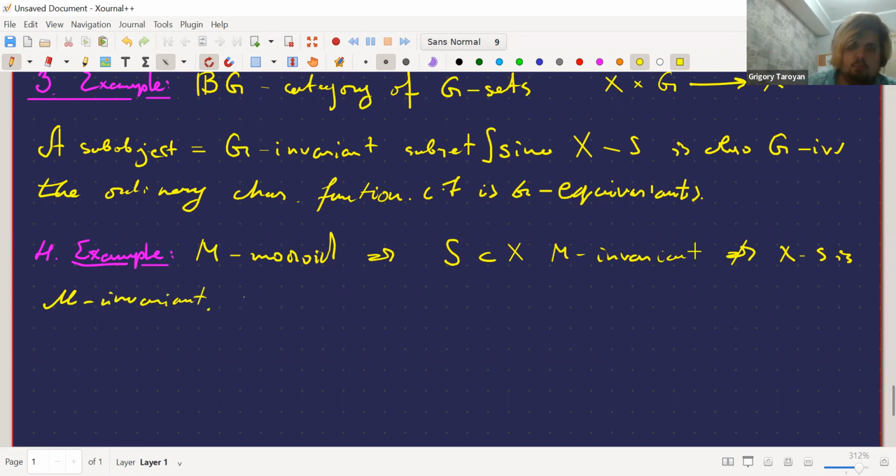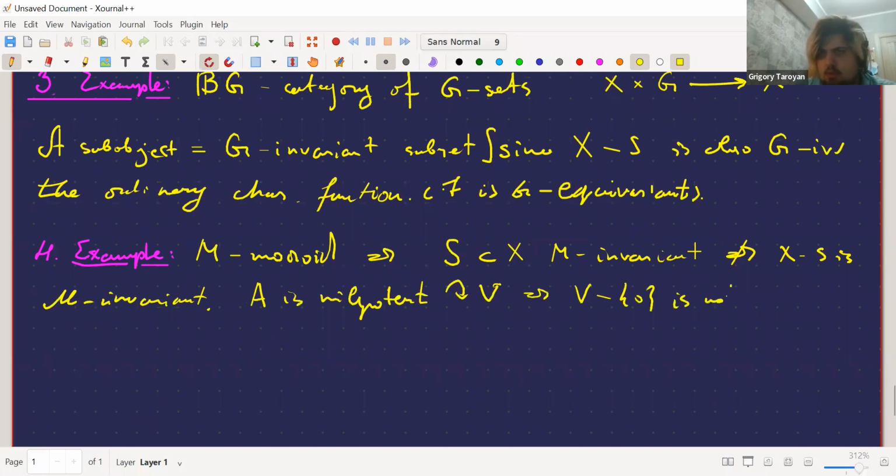An example of this is given, for instance, by nilpotent operators. So if A is nilpotent, acting on a vector space, then V without zero is not invariant. However, we can somewhat fix it by considering the following construction.